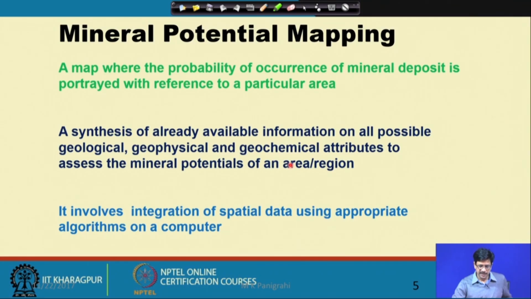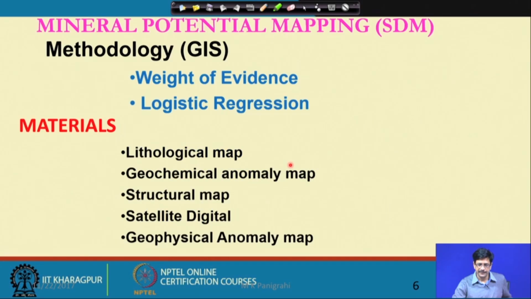So, it involves integration of spatial data using an appropriate algorithm, and it needs a computer. There are many methods, and I will not be going into all of them. There are some simple methods like weight of evidence, which is self explanatory: we take something as evidence in favor of occurrence of a mineral deposit.